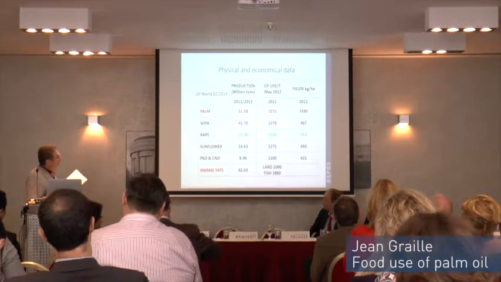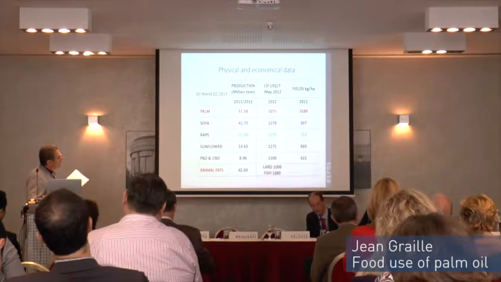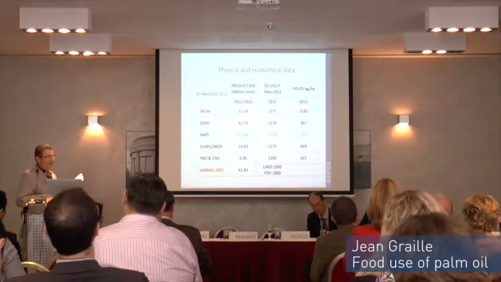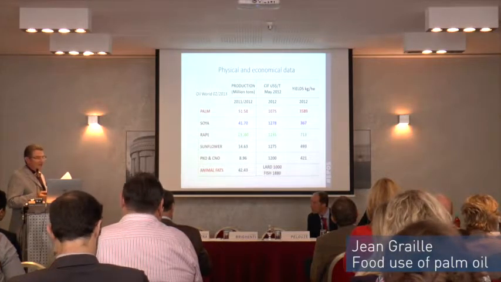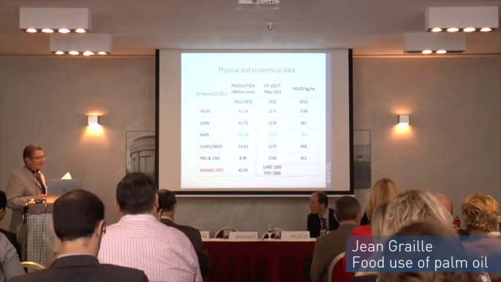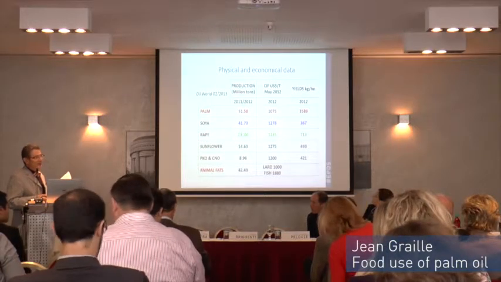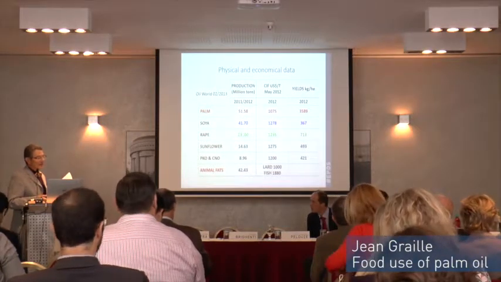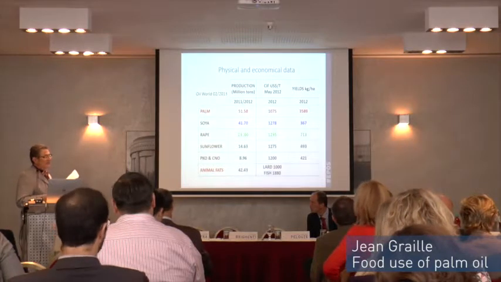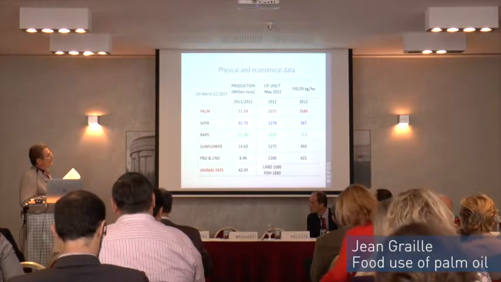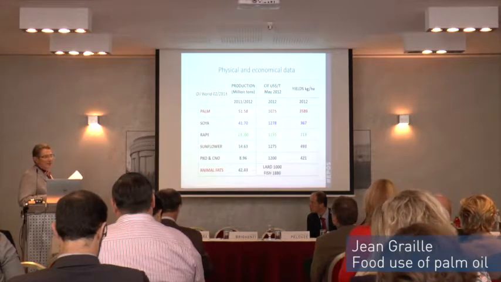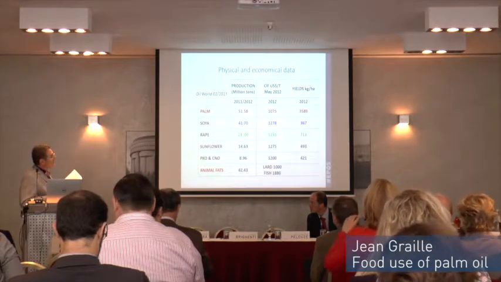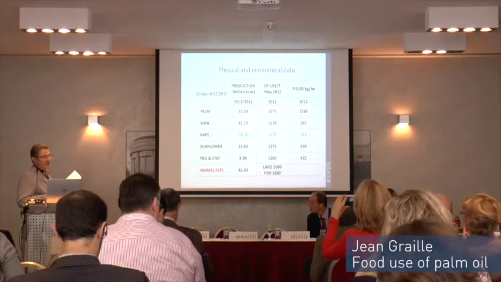You can see also that the production per hectare is very high, and if you want to speak about the clearing of a rainforest, you see that you need 10 times less space for oil palm compared to soybean.